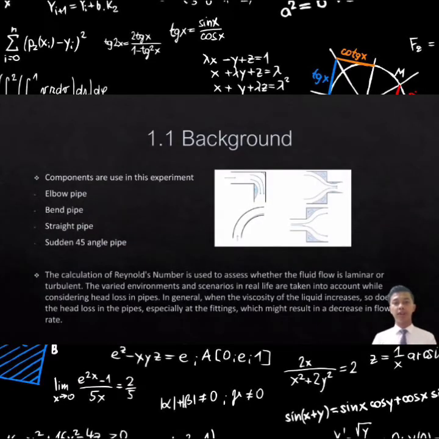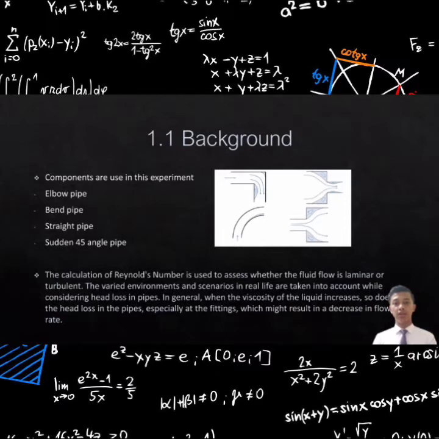Many components are used in this experiment, such as the elbow pipe, bend pipe, straight pipe, and sudden 45-degree angle pipe shown here, which cause the flow to change direction rapidly. If flow direction changes too rapidly, regions of separated flow are generated where eddies form, hanging loose in the components.